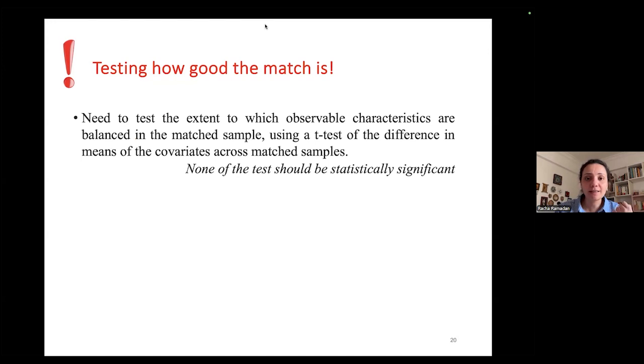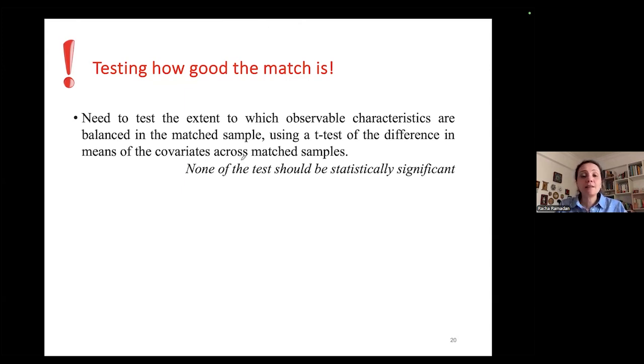If we find a significant difference between the observable characteristics in the two matched samples, and this is really simple: you create your two samples, the counterfactual one and the treated one, you match between both, and you use a t-test to measure the difference in the means of the x's, the variables you are including in your matching.